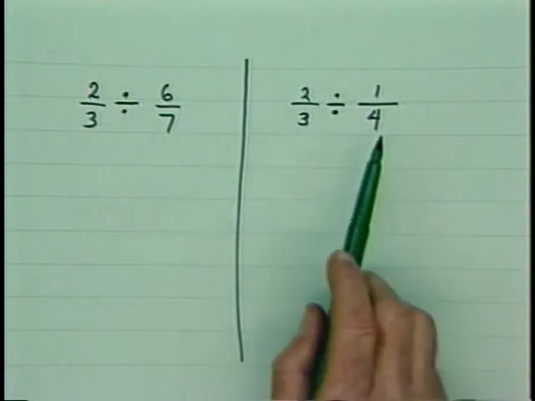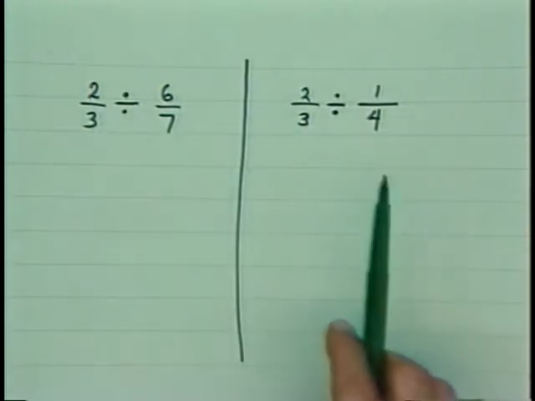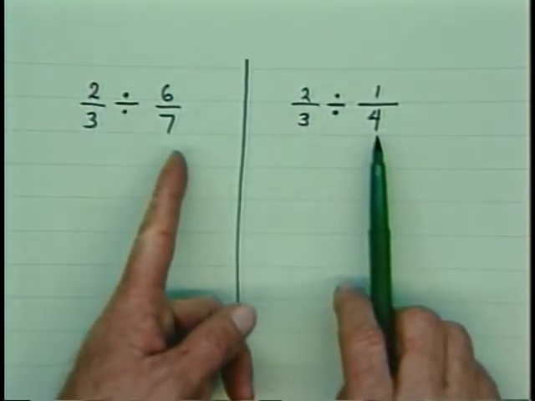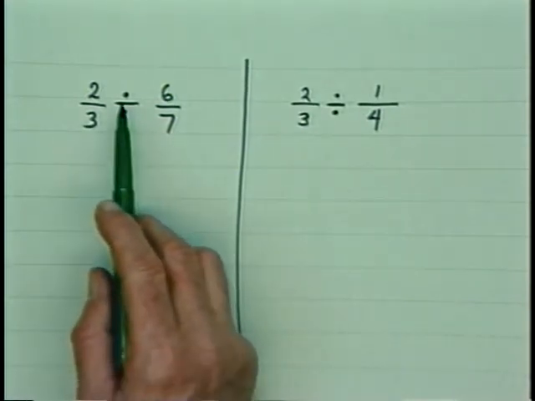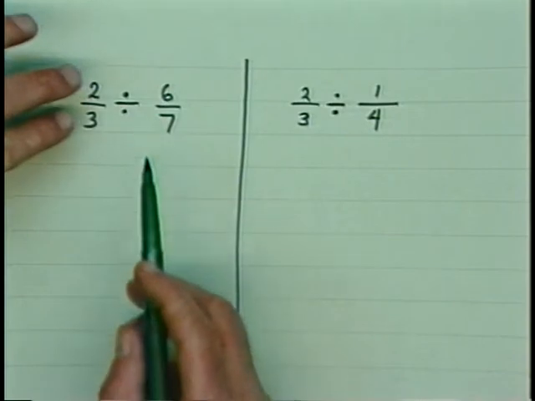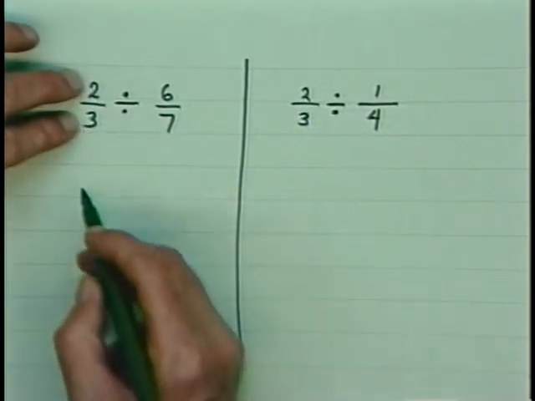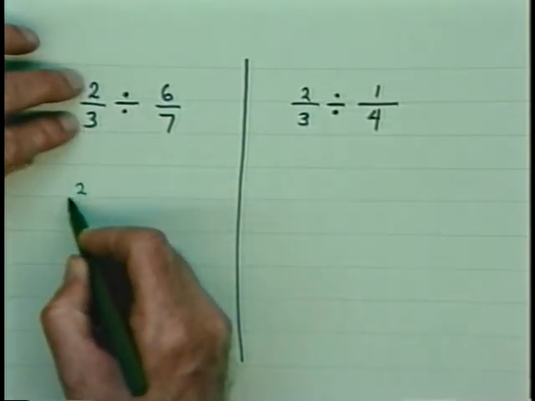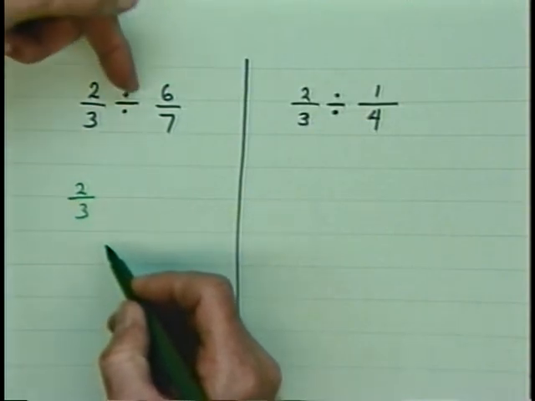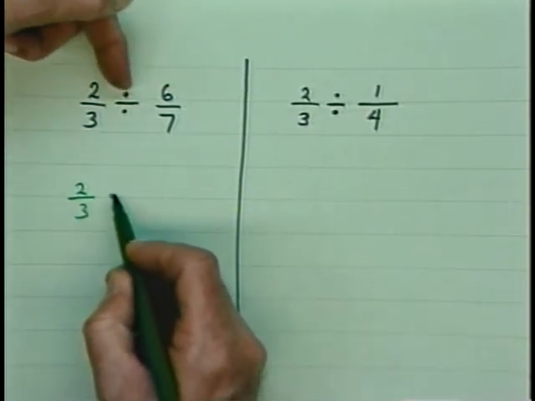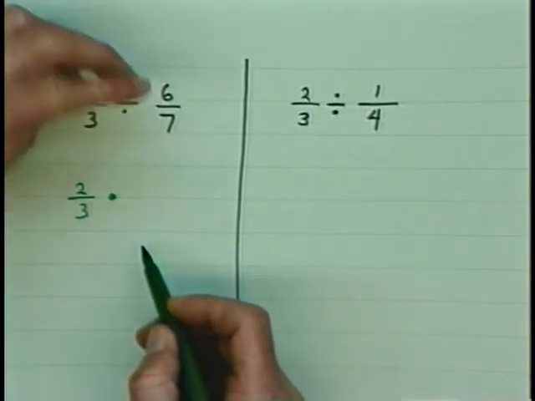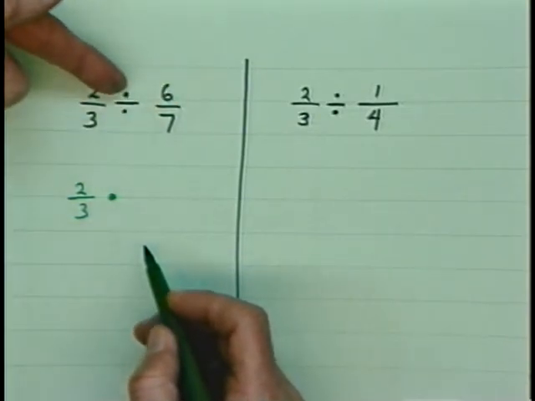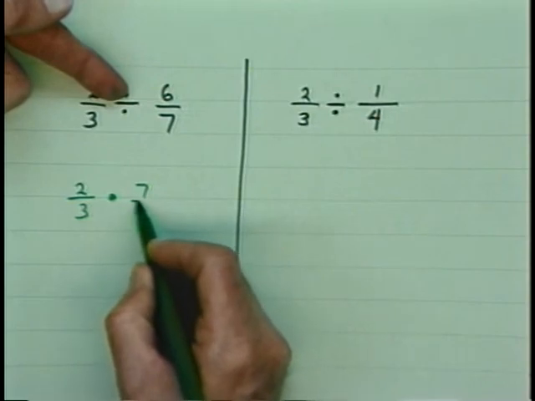Here we have two different problems, 2/3 being divided by two different fractions. Now, division of fractions is simply this. Leave the first in the division process alone. The division is going to become a multiplication problem by taking the reciprocal of the number which followed the division sign.